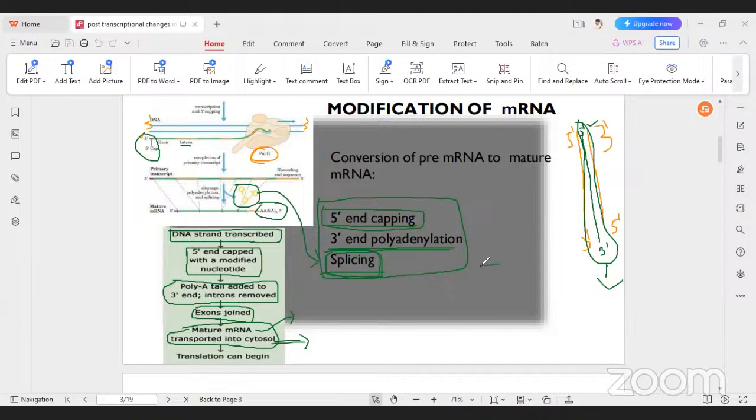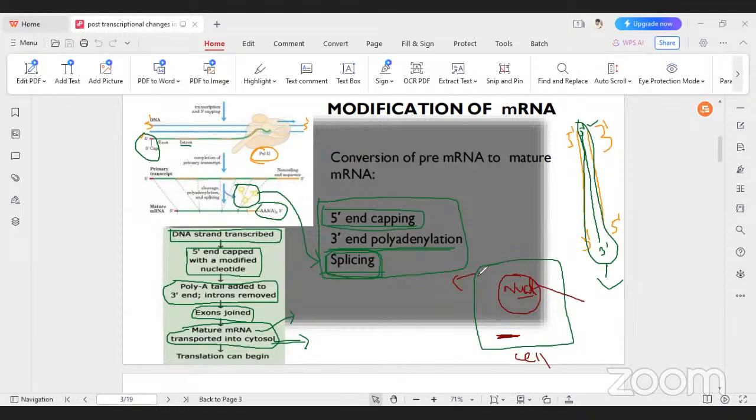If you take the cell, this is the cell structure with the cell wall, and inside it, this is the nucleus.